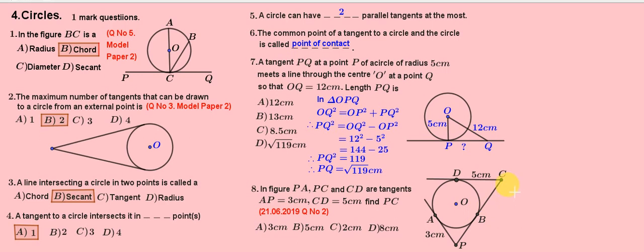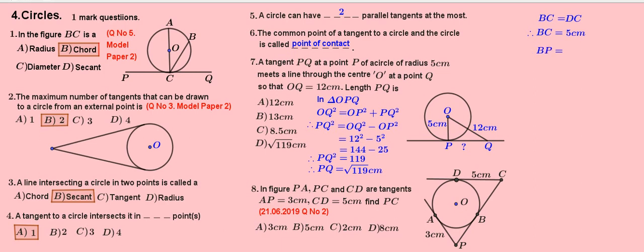We know that the tangents drawn from an external point to a circle are equal. So here CD equal to BC and AP equal to BP. Therefore, BC is equal to 5 centimeter.